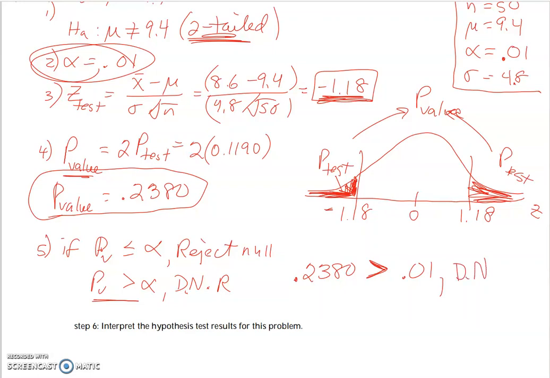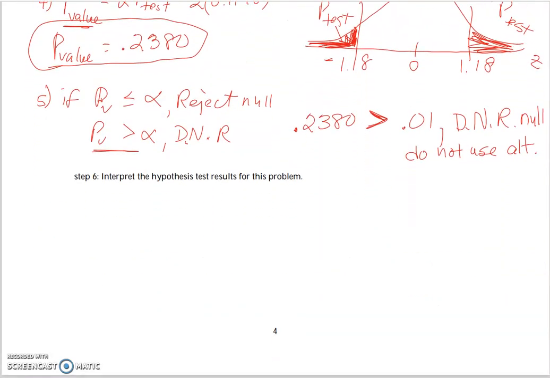This is going to be a do not reject situation. We're not going to reject the null, which means we do not use our alternative. Okay, because it seems like from this test data that we got that this test set looks like normal variation. It's not something that's unusual. So we would not reject the null. So that's kind of our short answer right there.